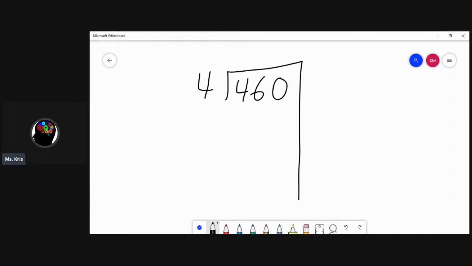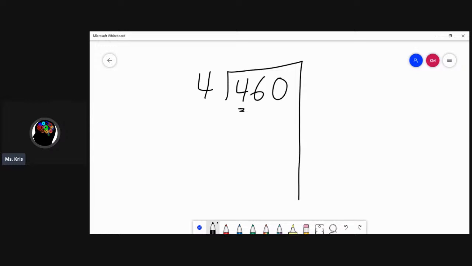So with this, you can divide based off of place values. Now, I know that 4 can go into 400 because the 4 inside of the division problem is considered the hundredths place.